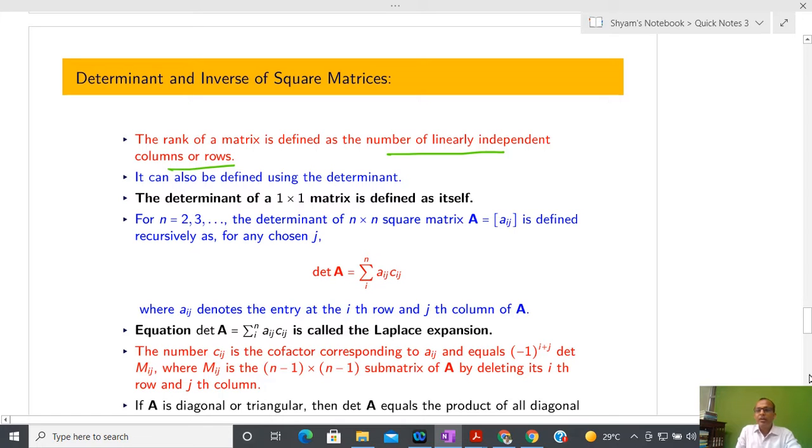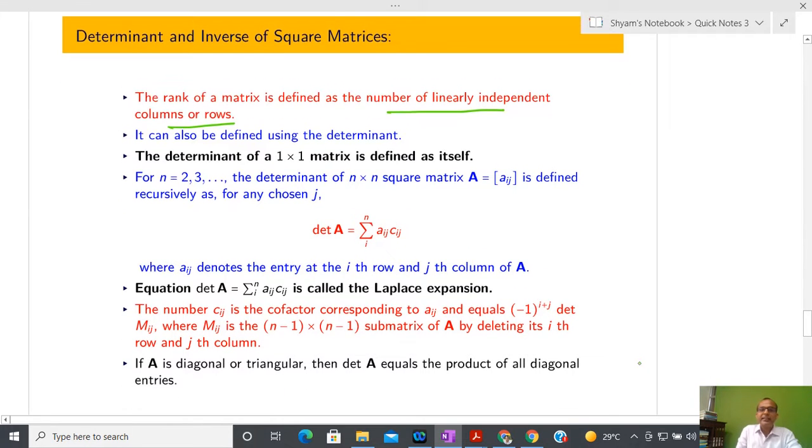Now, if I have just a 1 cross 1 matrix, then the determinant is the same. So one way, with the help of linearly independent columns and rows, I can define the rank. Another way is to use the determinant, and I hope you have already encountered this formula.